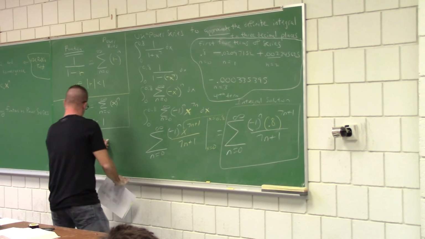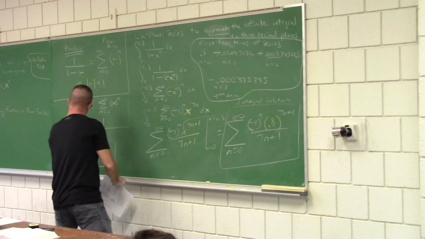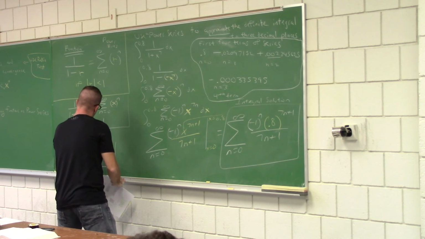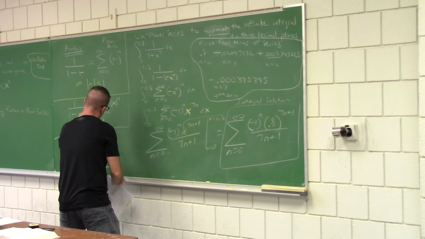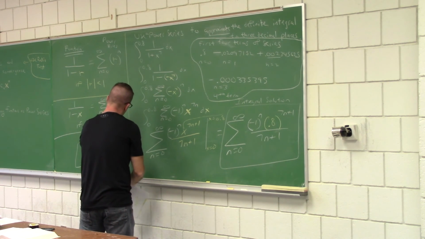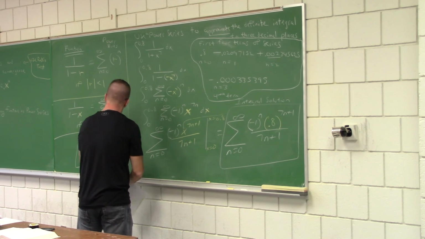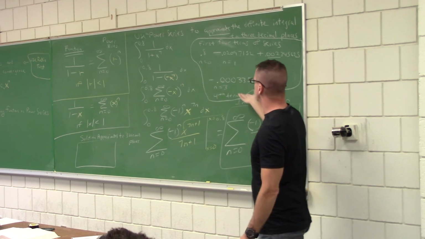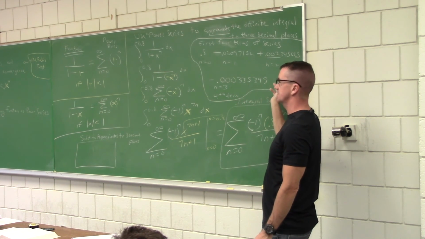So the solution, approximated to how many places? To 3 decimal places. Okay. And if you're curious, if you wanted to double check this, you might even look at putting in the 5th term.